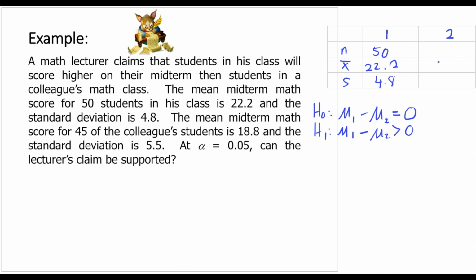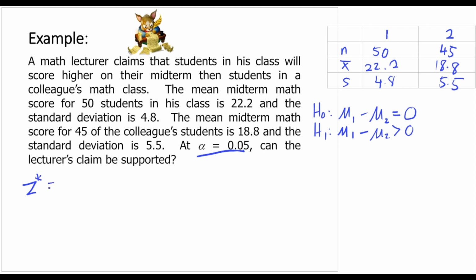The mean midterm math score for 45 of his colleague's students is 18.8 and the standard deviation is 5.5 and alpha is 0.05. So let's move on to the test statistic.